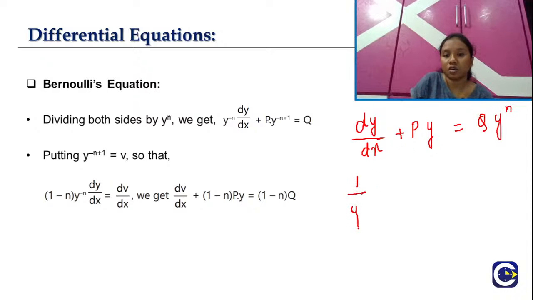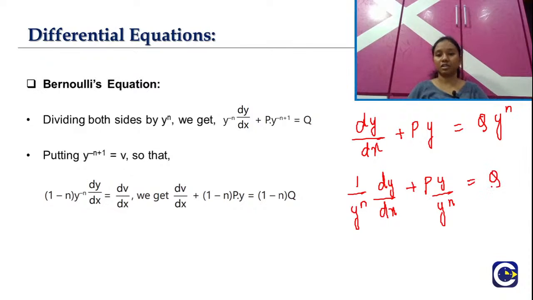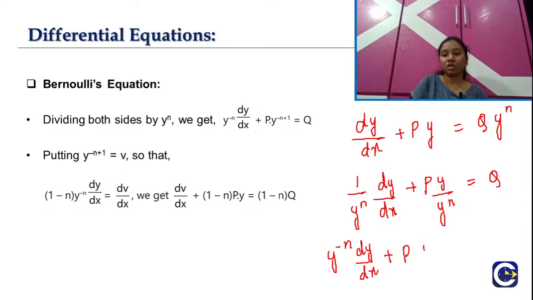Then it will be 1 by y power n dy by dx plus P into y by y power n here, and on the other side Q. That's it. So 1 by y power n can be written as y power minus n. So y power minus n dy by dx plus P into y power (minus n plus 1) is equal to Q.